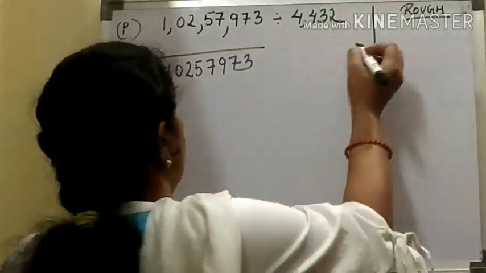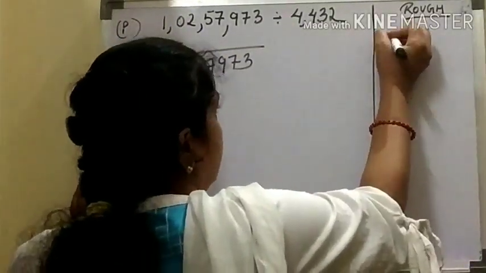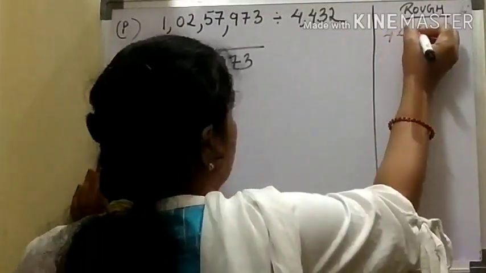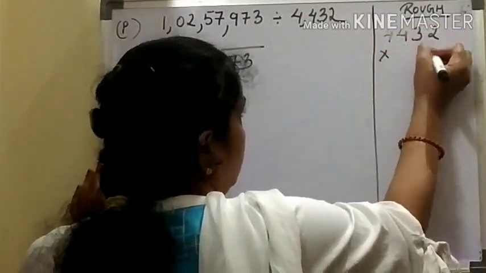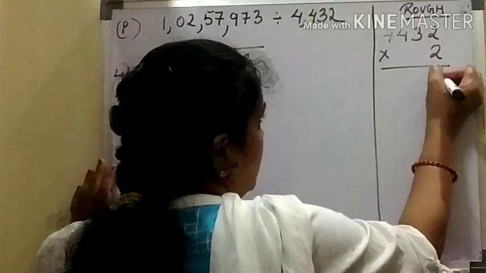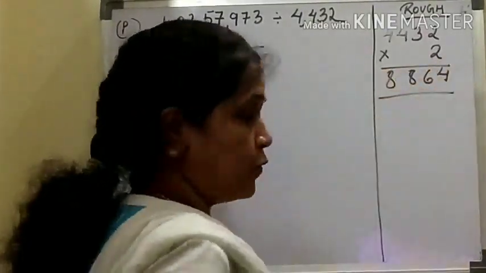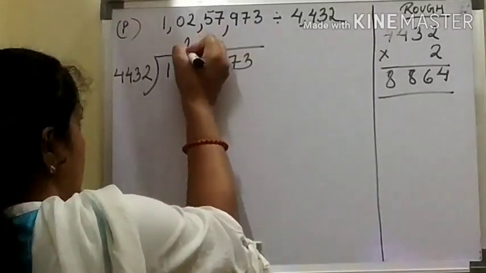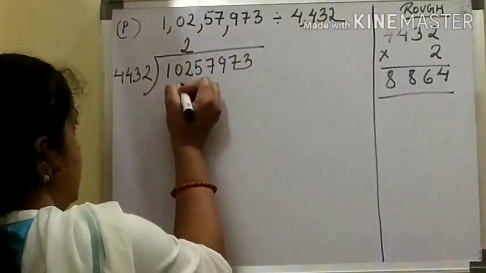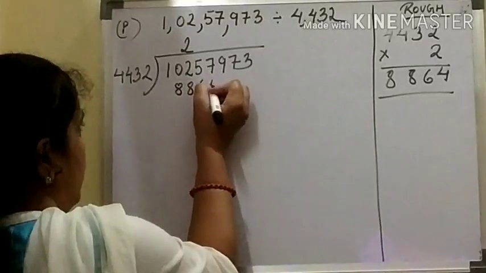Naturally it will not go by 3, so let us find out what number we get when we multiply by 2. 2 twos are 4, 2 threes are 6, 2 fours are 8. We got 8864. So naturally it will go by 2 only. 2 twos are 4, 2 threes are 6, 2 fours are 8, so 8864.